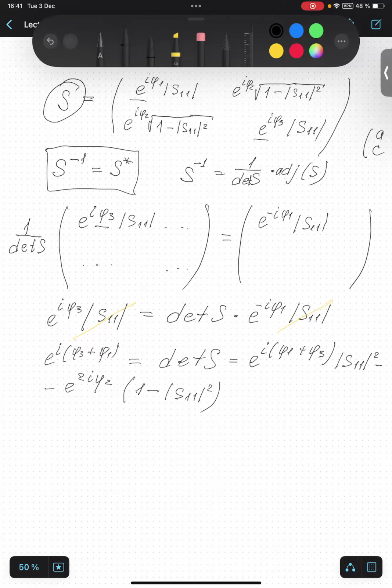It is our determinant. So what do we have next? e^(i(phi3 plus phi1)) times (1 minus S11 squared) equal to minus e^(2i phi2) (1 minus S11 squared).